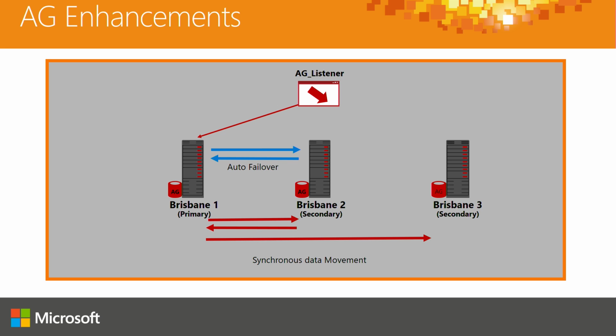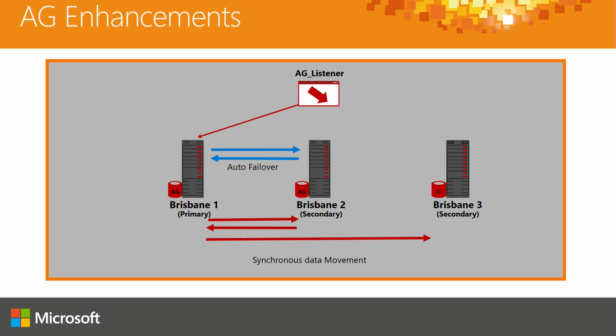So when it fails over, it's able to connect to the secondary or the new primary that you've just failed over to. Now what we see up here on the screen is a typical setup that you would see in either 2012 or 2014.